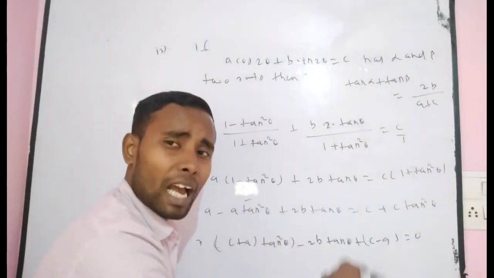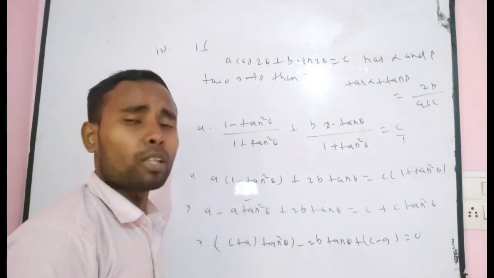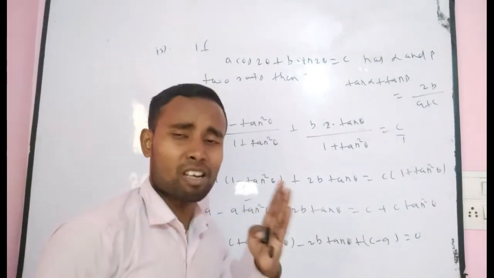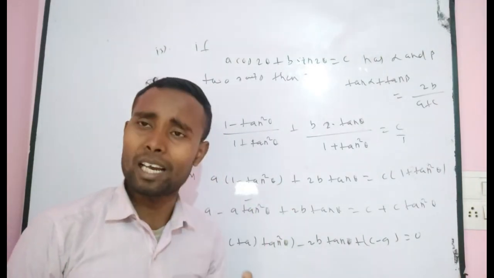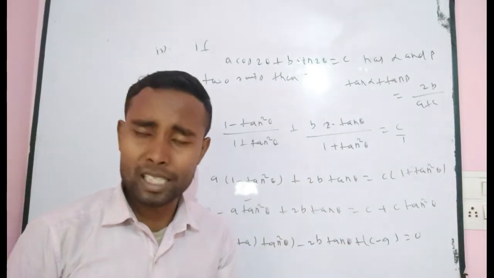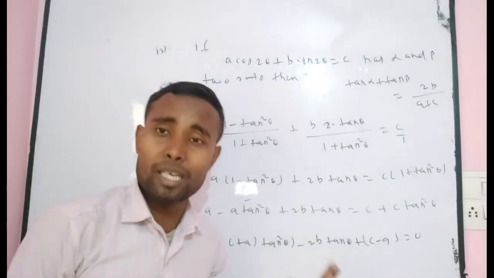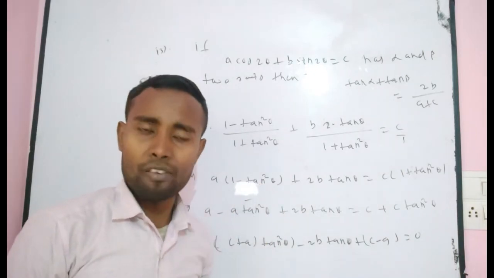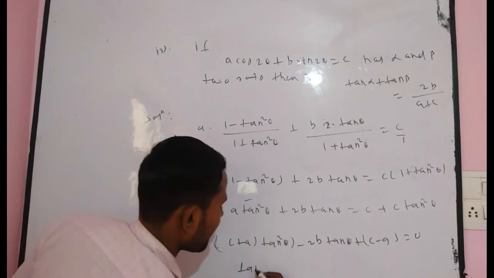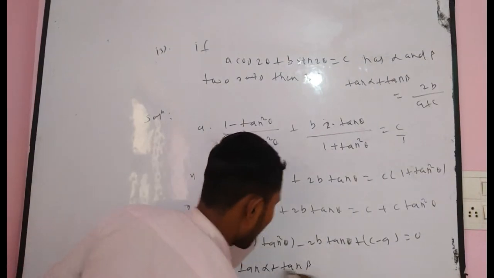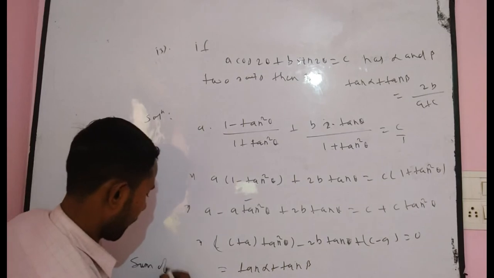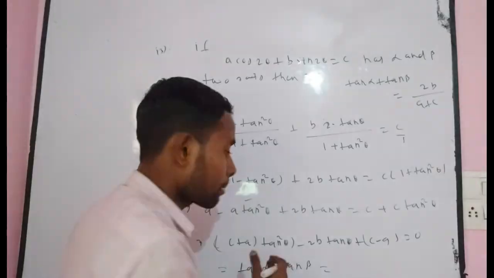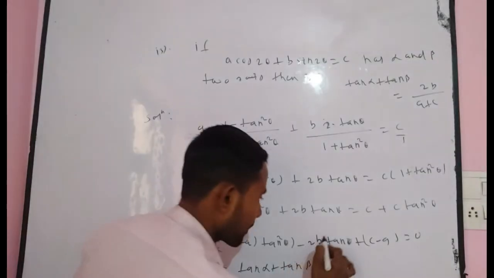If tan alpha and tan beta are two roots, then according to the property of quadratic equations, the sum of roots, that is tan alpha plus tan beta, is equal to minus the coefficient of x divided by the leading coefficient. Here the coefficient of x is 2b.